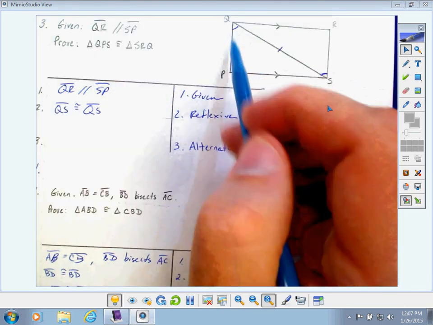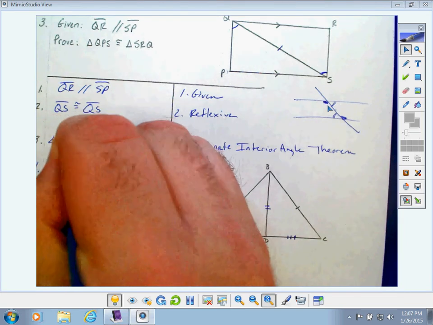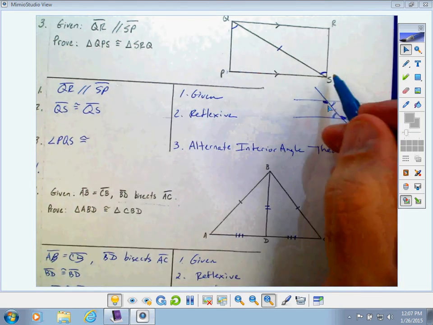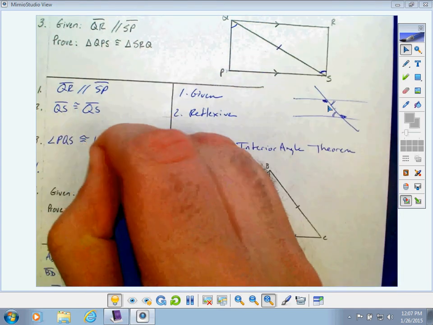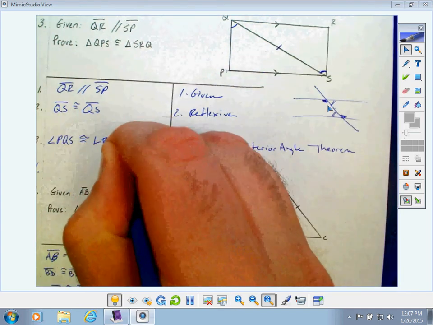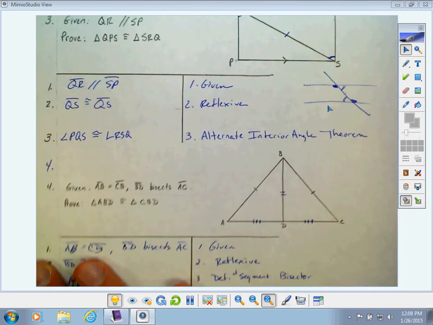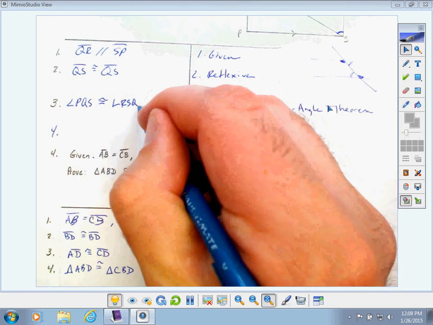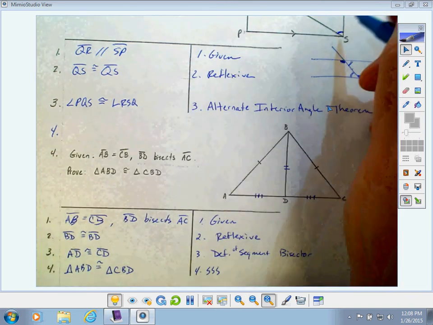This one is PQS, and it's the same as this one, which is RSQ. If you notice when I'm writing that, I put angle symbols next to it because it could be something else if you use 3 letters. So I'm putting angles to make sure everybody knows they're angles.